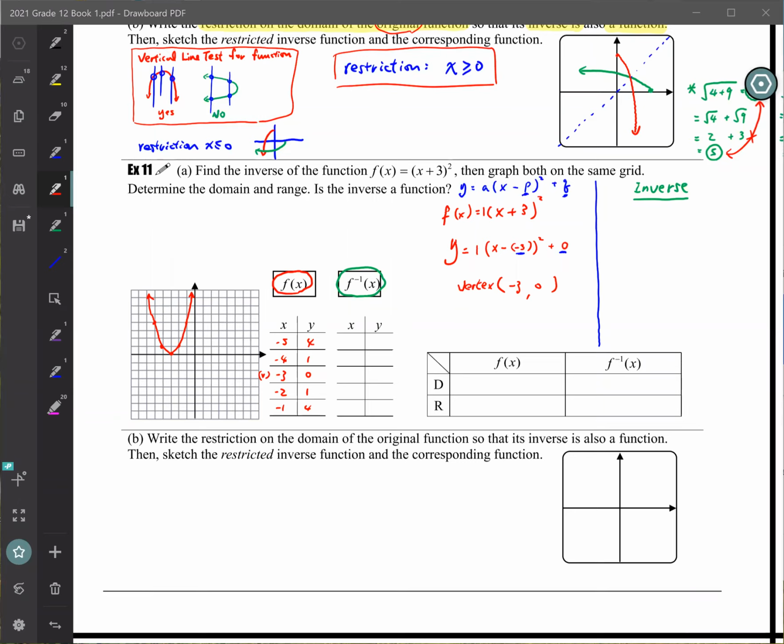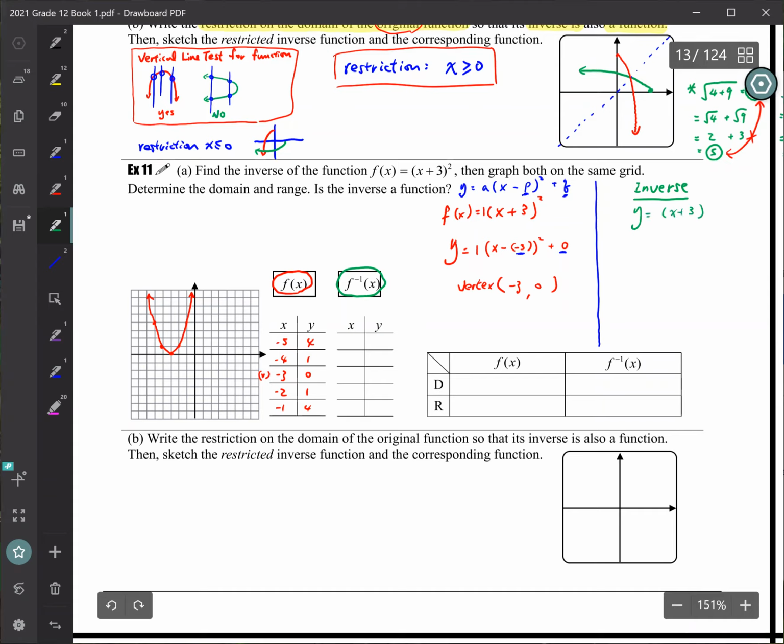All right, so work on the inverse now. I'll be using the green. Step 1, step 2, step 3. Hopefully this time we don't get 5 different answers.